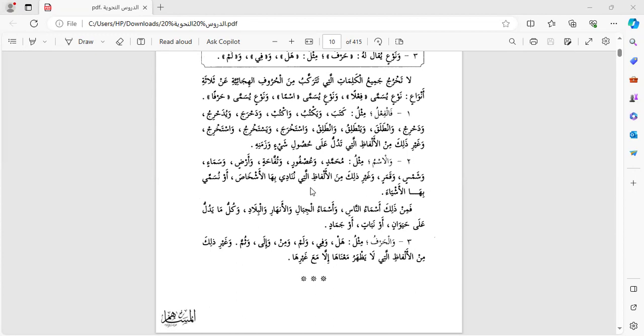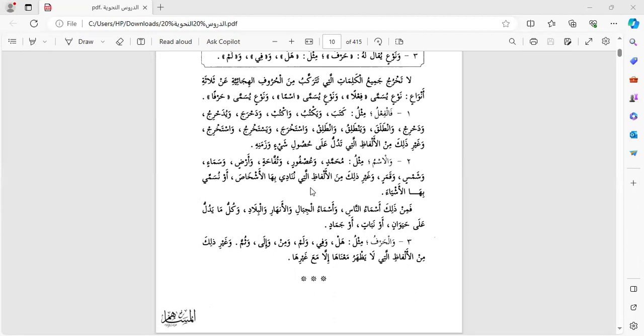So it can be a name for people, like Muhammad, Ahmed, or for animals, like أسد, قطة, كلب, lion, cat, dog, and things, which means جماد, like book, كتاب, pen, which means قلم, بيت, which means house, and so on. So all of the nouns, الاسم, refers to a name of a person, a name of a thing, or a name of an animal.